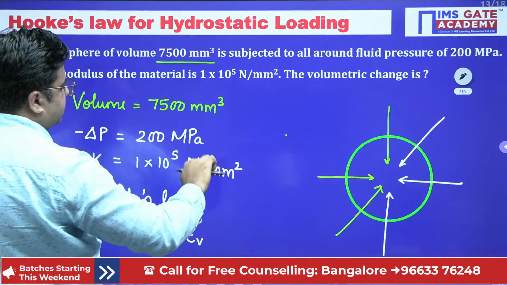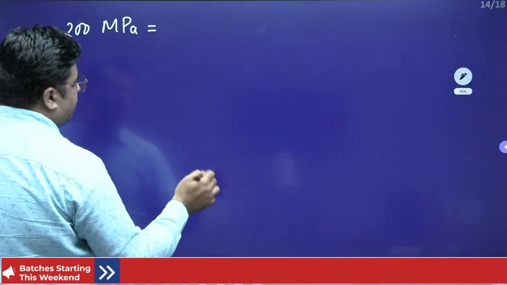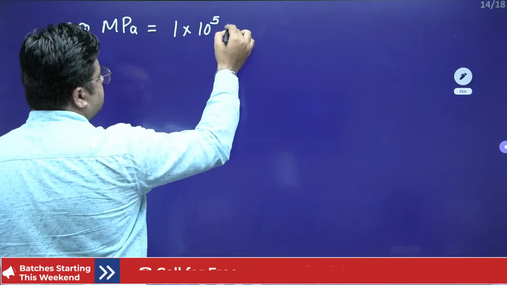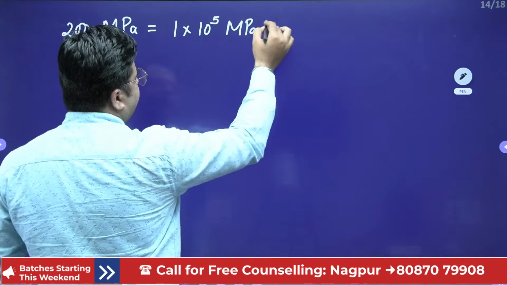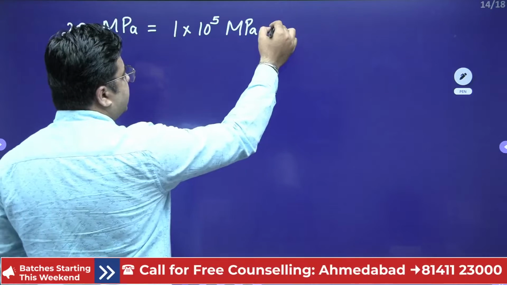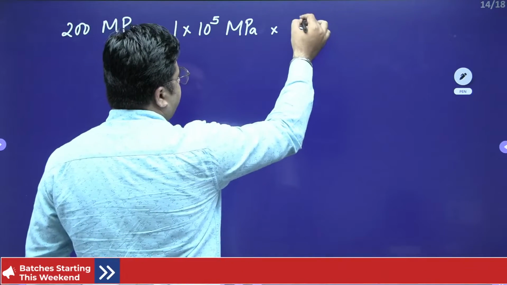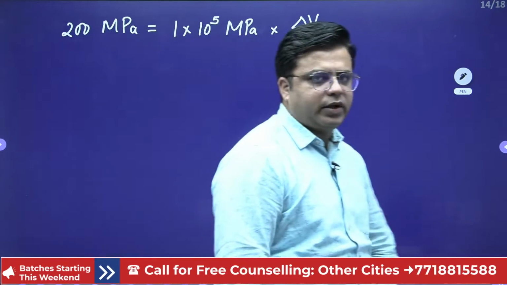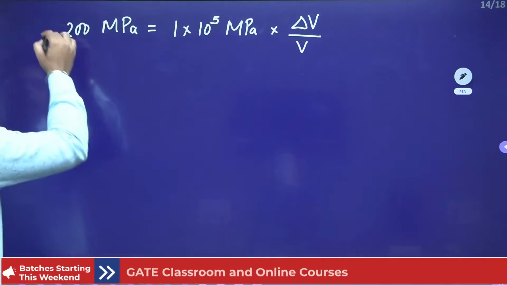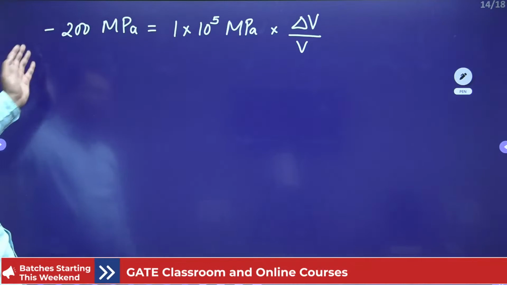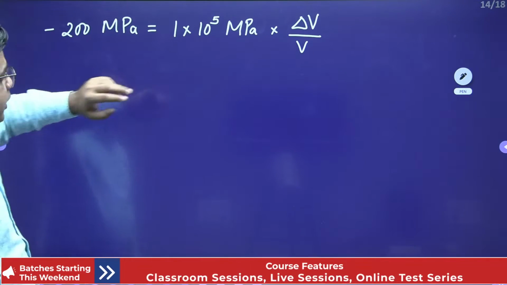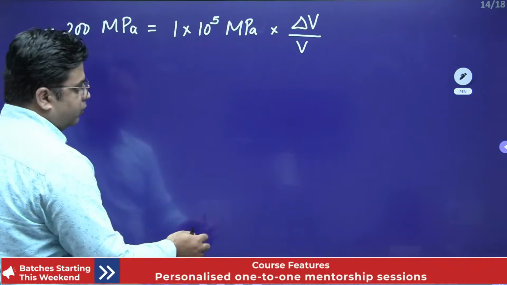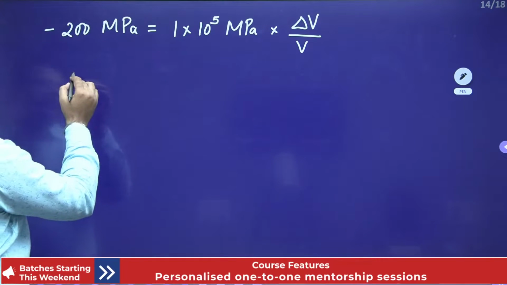Bulk modulus is 1 into 10 raised to power 5 megapascal. And then I have the volumetric strain, and volumetric strain is delta V by V. So this is minus 200 megapascal equals 1 into 10 raised to power 5 into delta V. This volume V is given to us as 7500 mm cube.